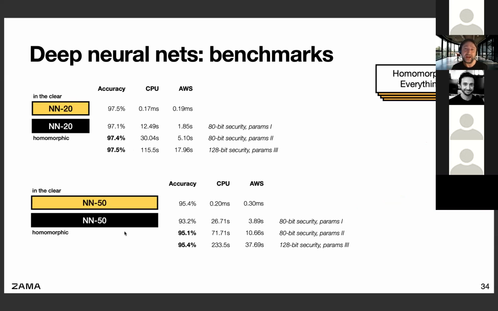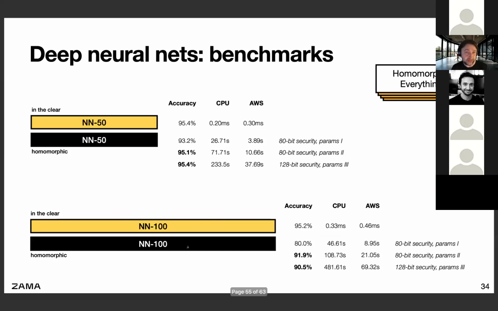We also applied that to a neural network with 50 layers, and same thing here. With close enough accuracy, we can have an inference that works within 10 seconds or within 37 seconds or 3 seconds, depending on the parameters and the level of security. Not only did we do that, but we also applied that to a network with 100 layers.